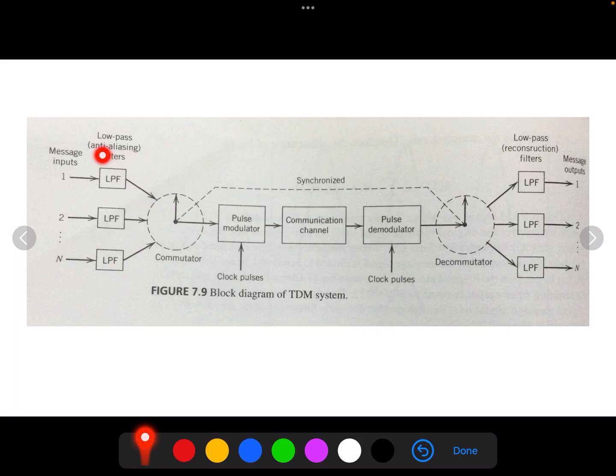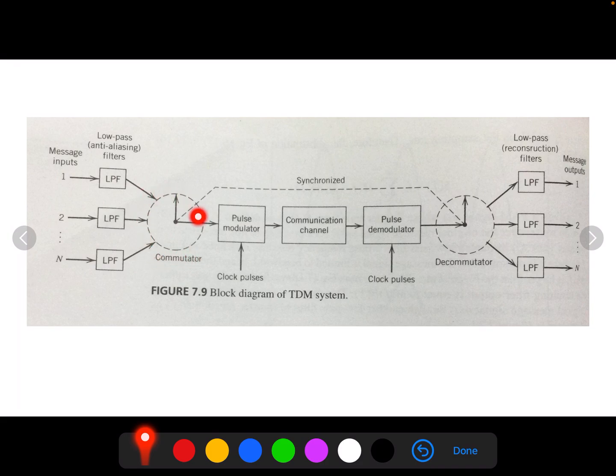It is actually a low pass pre-alias filter so that it can remove the frequencies that are non-essential to an adequate signal representation. The low pass filter outputs are now applied to a commutator, which is usually implemented using electronic switching circuitry.